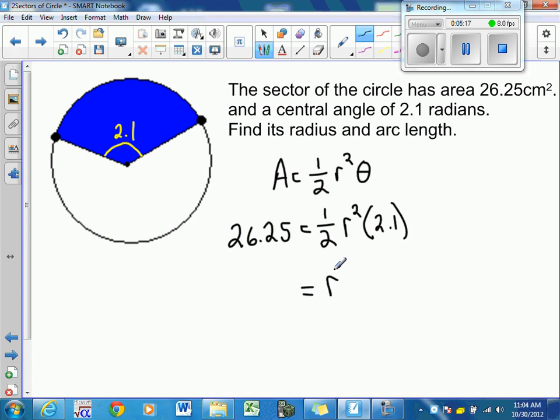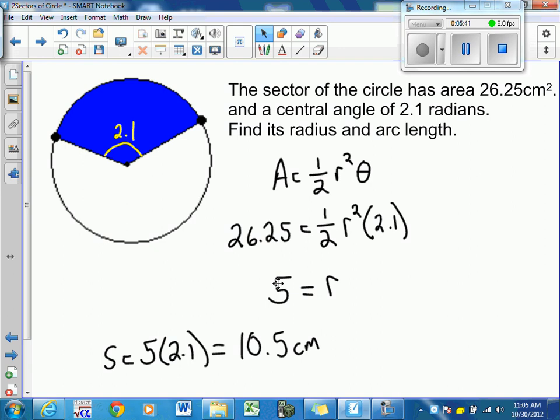Now to find my arc length, I take r times theta in radians, and I get 10.5 centimeters. I should say that my radius is 5 centimeters. So that's using our formulas.